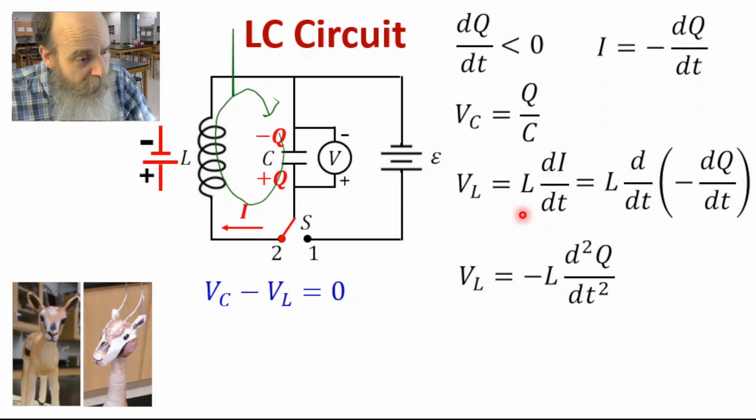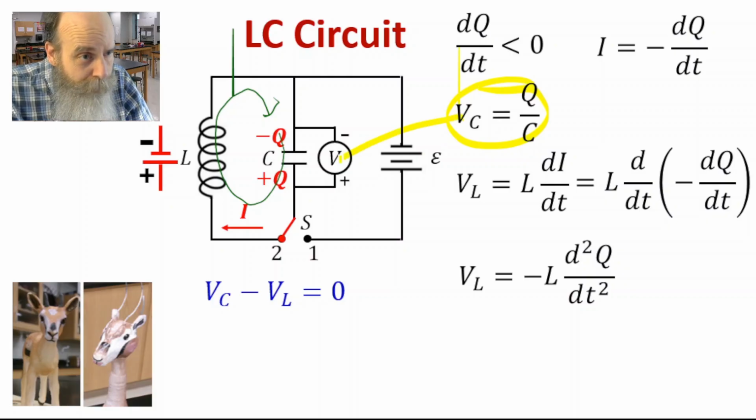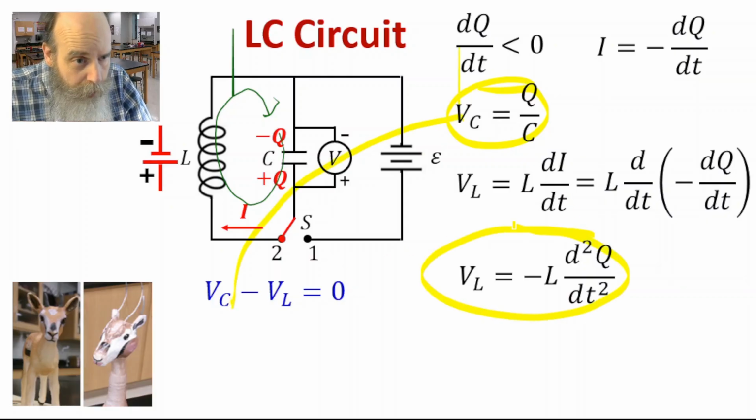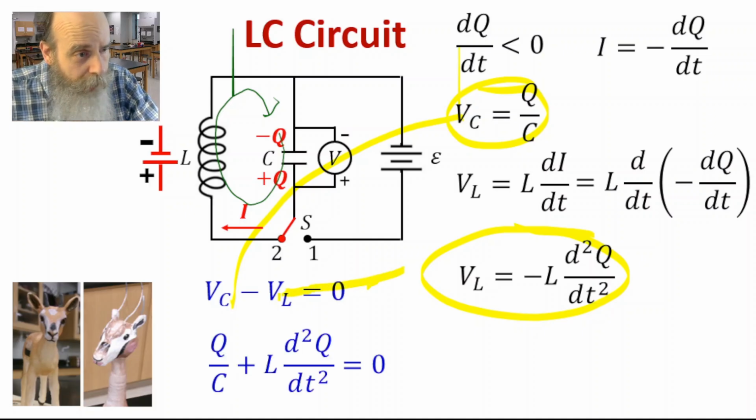So we want to put these two findings into our expression for Kirchhoff's loop rule. So let's take our VC here and put it into the equation. And we will take our VL and put that into the equation. And this is what we get. Q over C plus L d2q/dt squared equals 0.